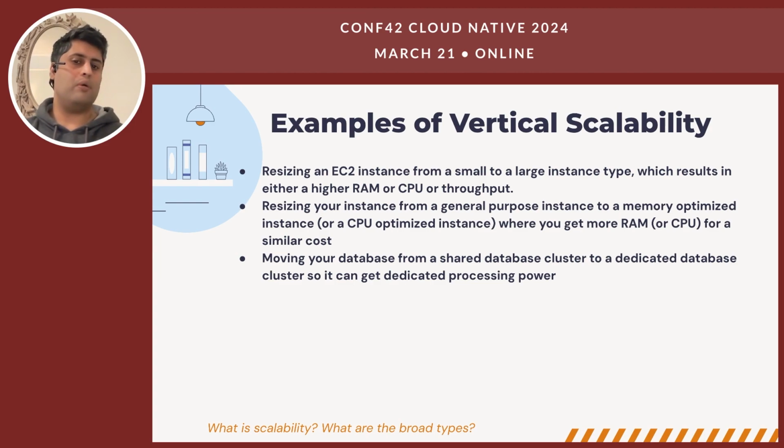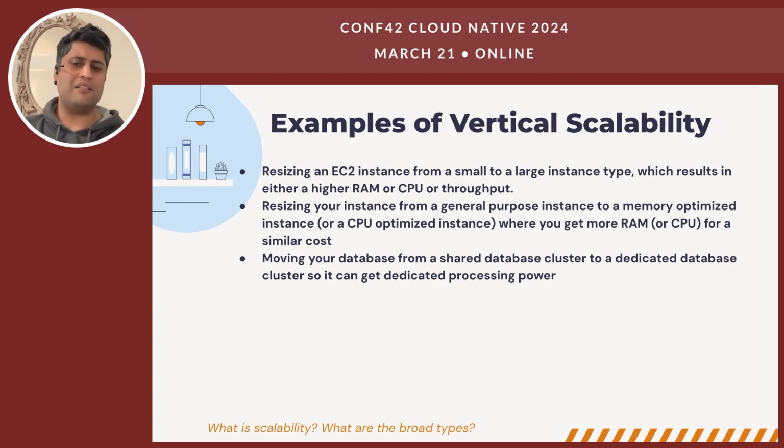The other thing you can do is, if you have a general purpose instance running, that is, an instance with 2 gigs of RAM and one virtual CPU, and you suddenly want to increase the CPU size, AWS gives you a memory optimized or a CPU optimized instance that you can go for, where you give up some of the RAM for an extra CPU, or you give up an extra CPU for some more RAM. So if you hit the RAM limit, you can give up some of the CPU for extra RAM at the same cost. So that's the other way of achieving vertical scalability.